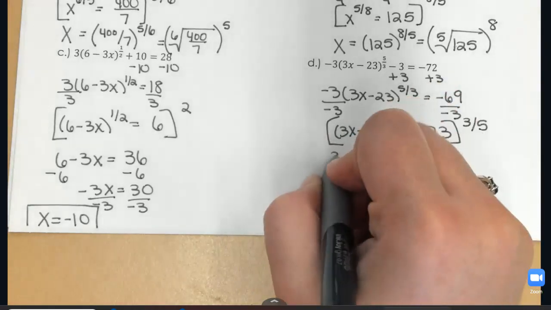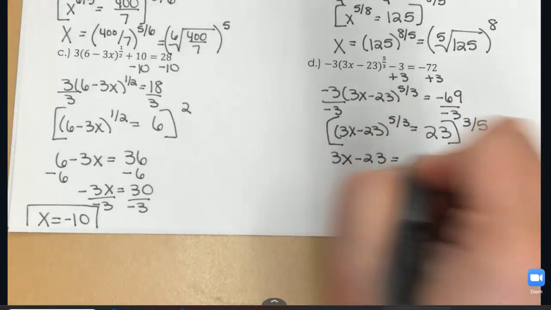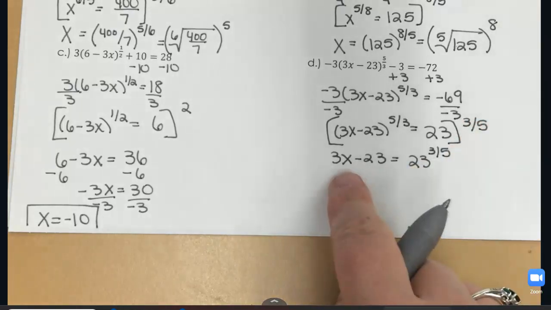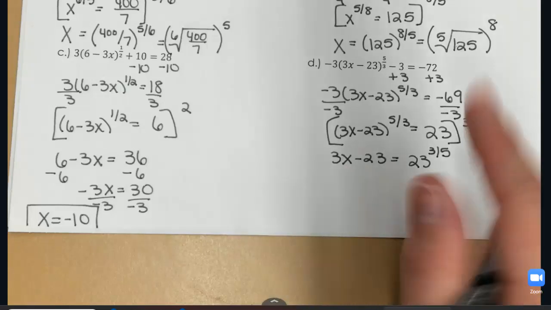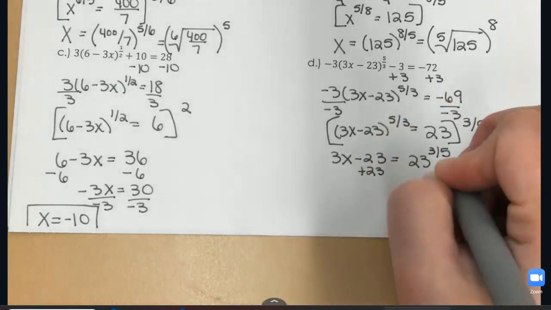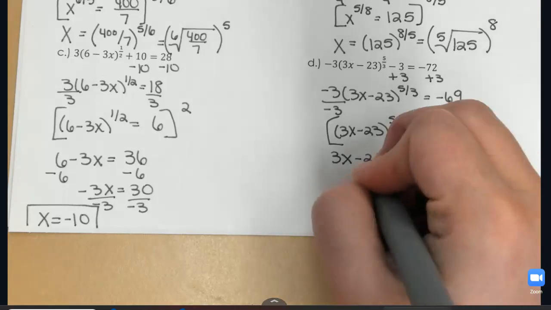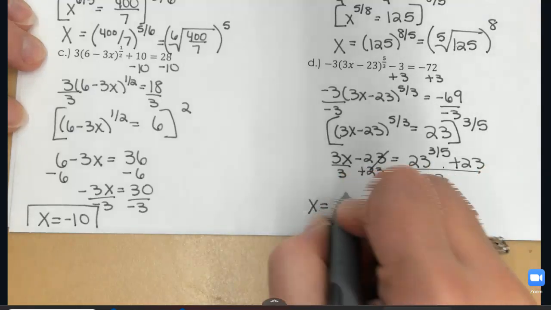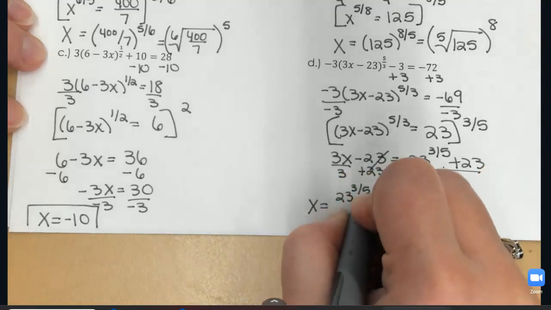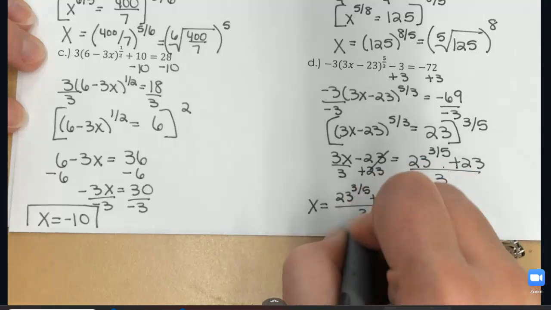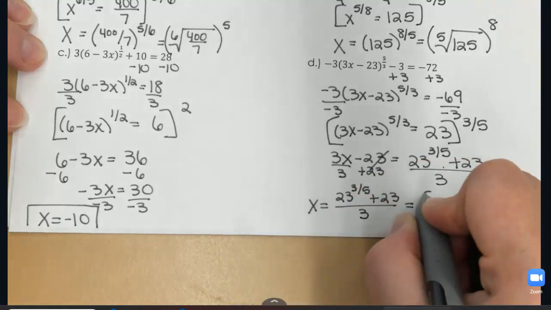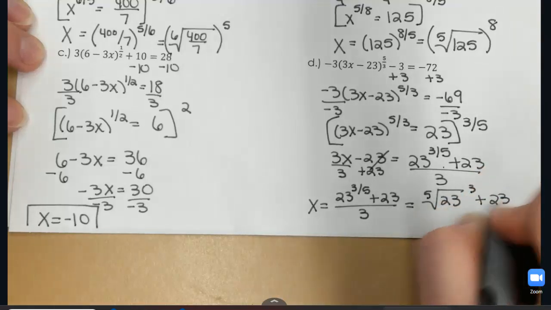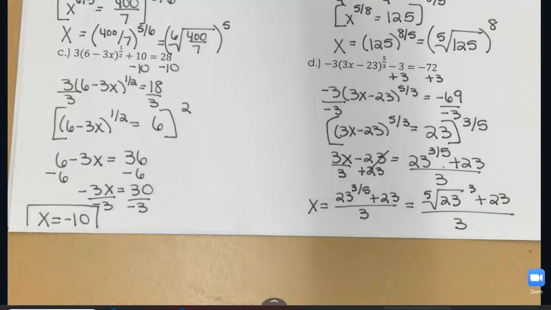So my exponent here becomes 1, and I'm left with 3x minus 23 equals 23 to the 3/5 power. Now x is not alone yet, so I'm going to need to add 23 and then divide everything by 3. So x is going to be 23 to the 3/5 power plus 23 over 3, or we could put this in radical form, and that would be the 5th root of 23 to the 3rd power plus 23 over 3.